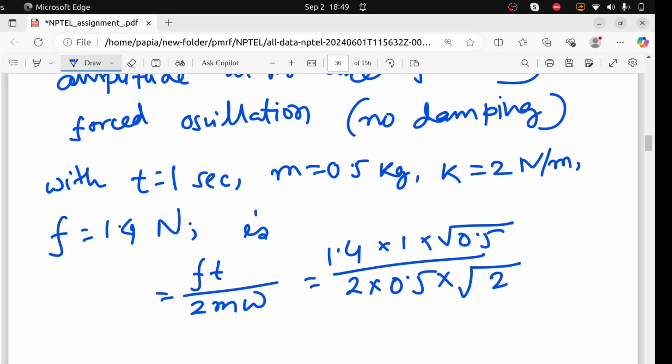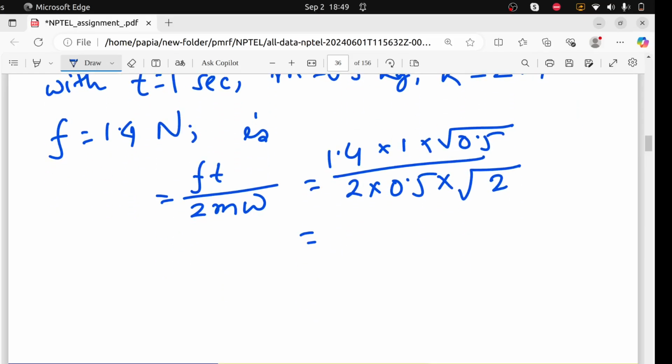So this as a whole is coming as 0.7 meter. Okay, so this is the value of that amplitude. Okay, my charge is not there, so just a minute.